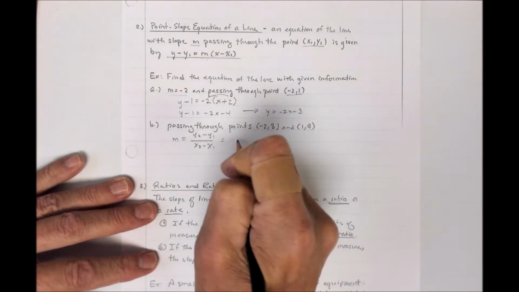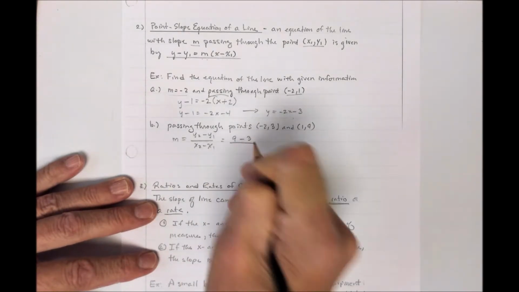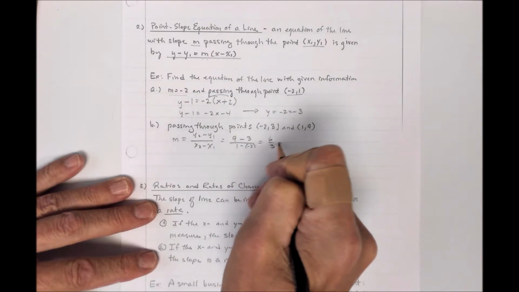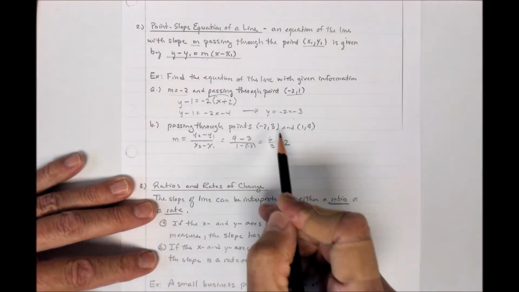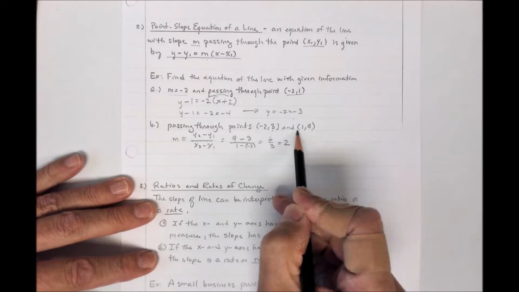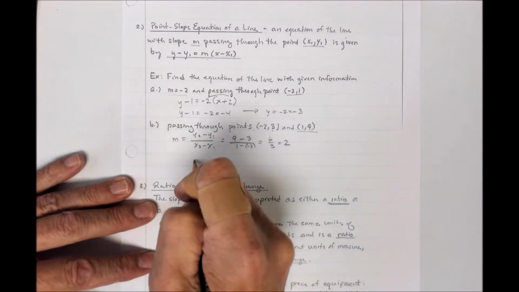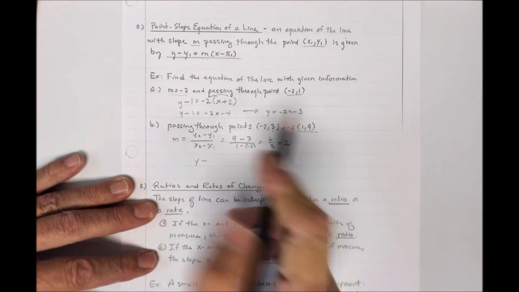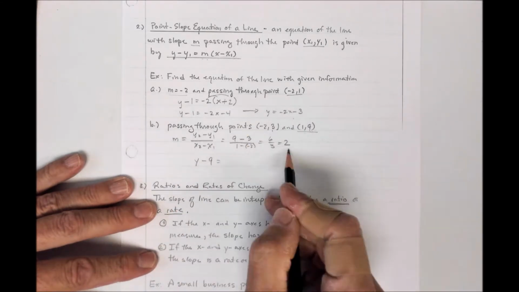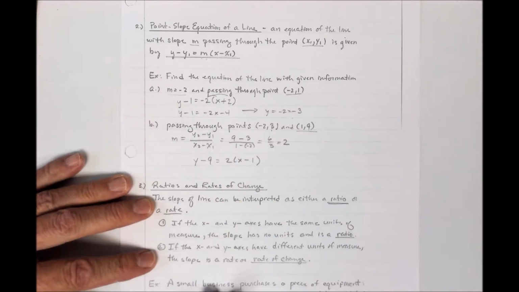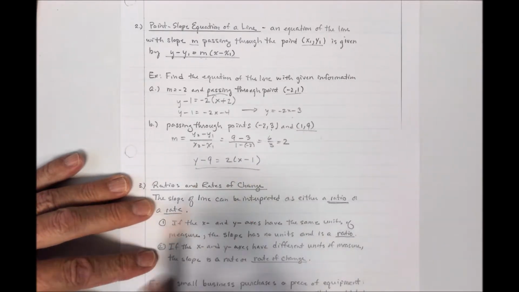So this would be 9 minus 3 all over 1 minus a -2, 6 over 3, which is +2. I can use either point. It doesn't matter which. I'll take this one because there are no negatives. This is a 9 here. And I'm going to write y minus 9 is equal to 2 times the quantity x minus 1. And again, I'm just going to leave it in this form. This would be good enough based on the directions.